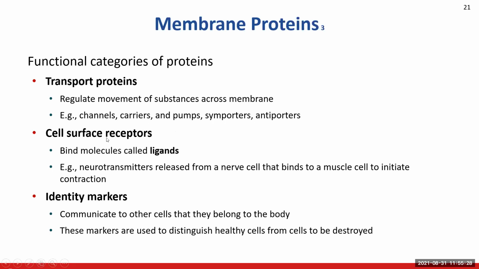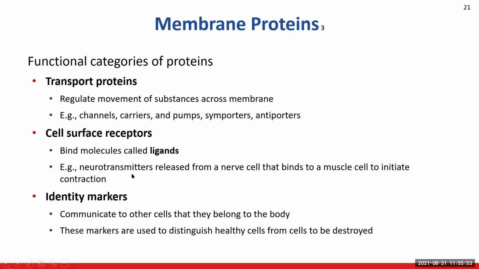Then we have our cell surface receptors. The cell surface receptors are going to be found on the external portion, I shouldn't say only the external portion, but for the majority. A lot of times these cell surface receptors allow the cell to bind onto other chemicals or molecules, and we call those ligands.